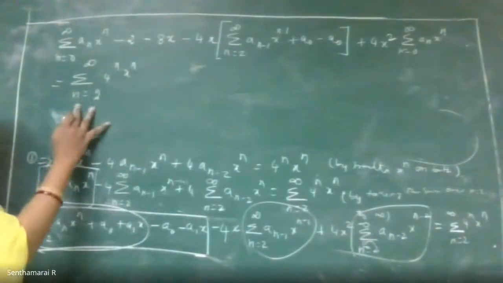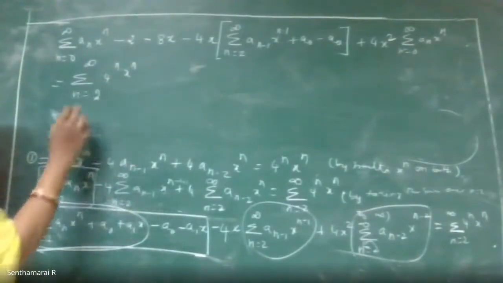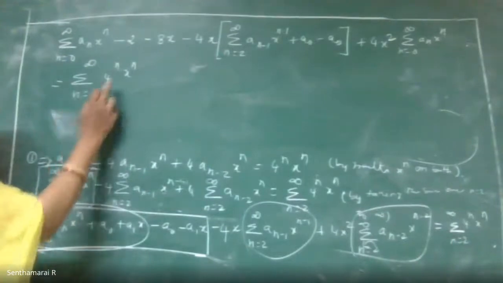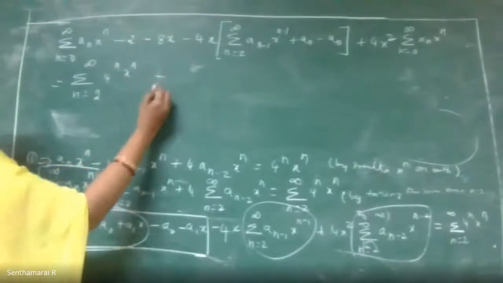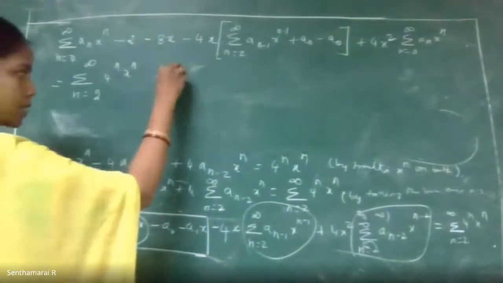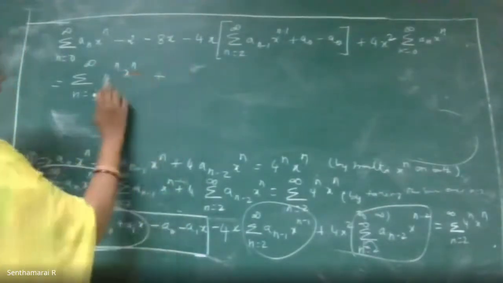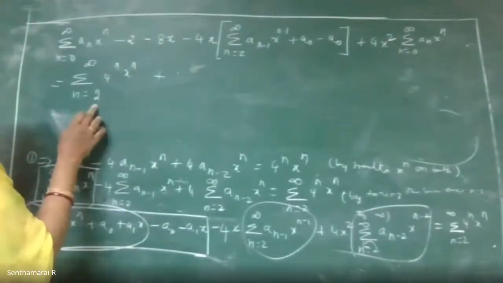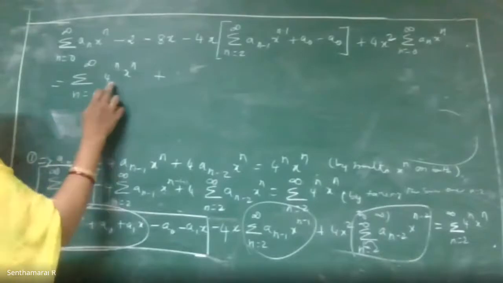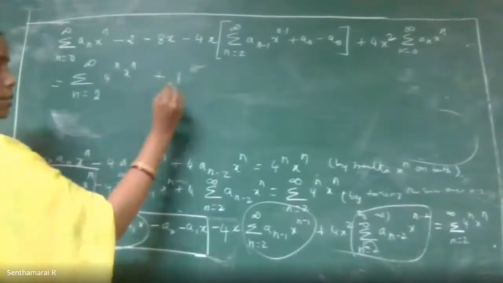To get its general term, again two terms are missing. When n equal to 2, 4 squared x squared. So what things are missing? One is missing. The first term should be 1, anything power 0. When you start with n equal to 0, anything power 0 is 1, so 1 is missing.